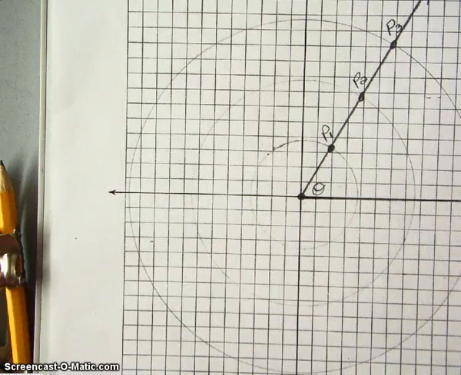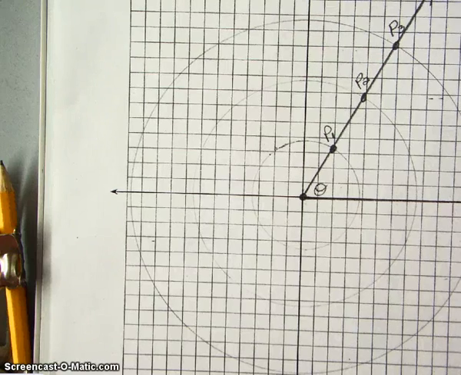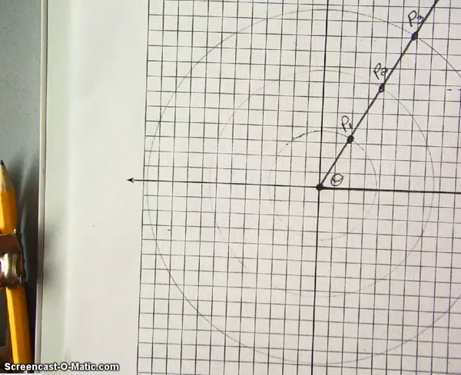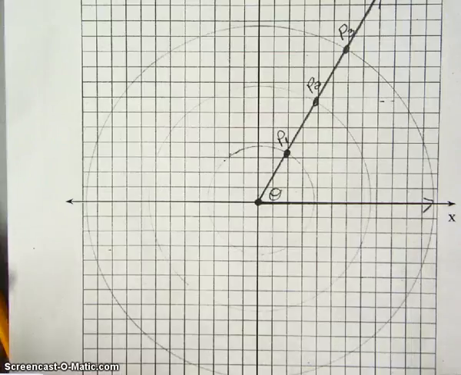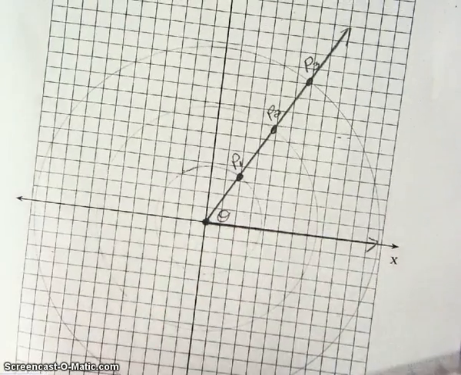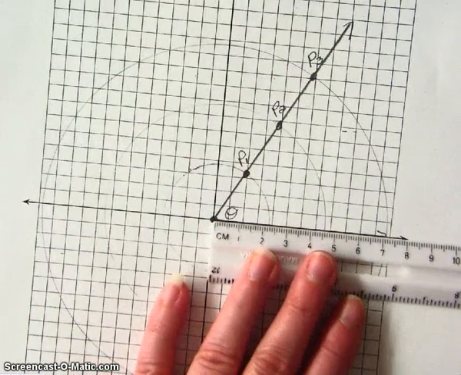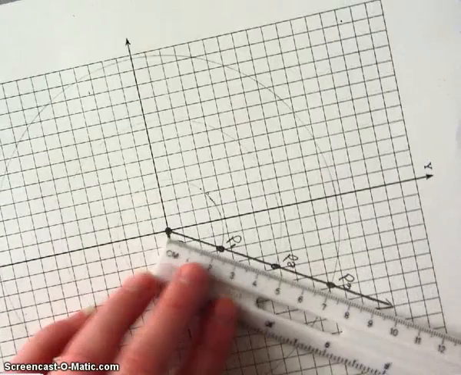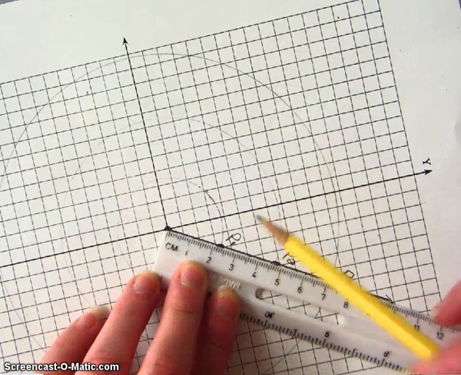Step 4. Oh, in step 3, carefully measure the radii. Okay, so it really doesn't matter which ray you measure the radii on, and they're asking you to do this in centimeters. So let's do it on this ray. Okay.